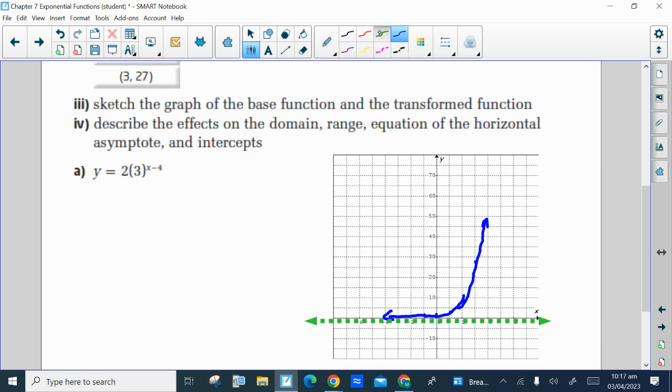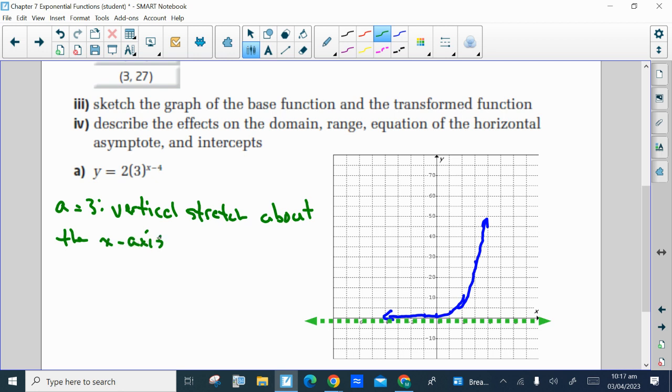So, for our new graph, we have an a value of positive 2. So that's going to cause a vertical stretch. And that vertical stretch is about the x-axis. The reason being is that you take the distance that each original point is from the x-axis.